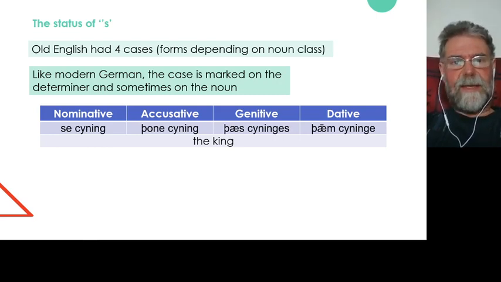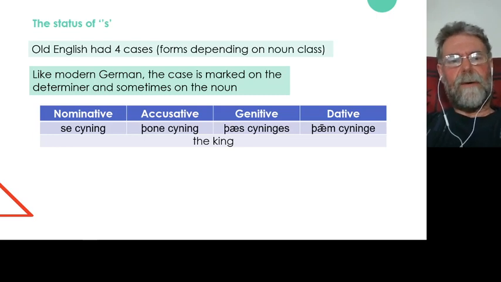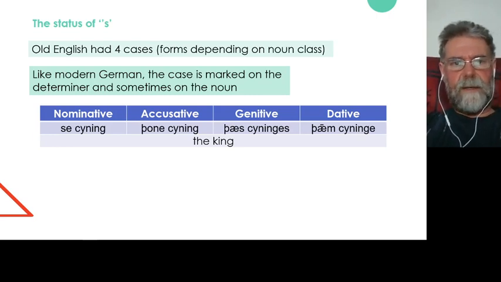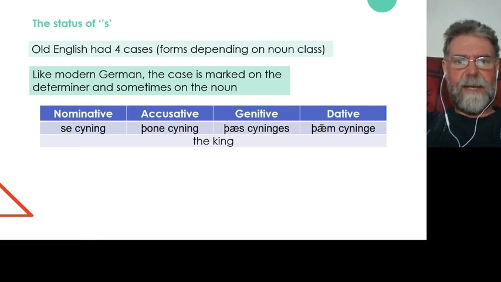With this particular case, king, which is a masculine noun in Old English, the nominative and accusative forms of the noun itself were the same. So cyning, okay, is the same in both nominative and accusative. But note, the genitive and dative forms do differ. So we have cyninges and cyninge.